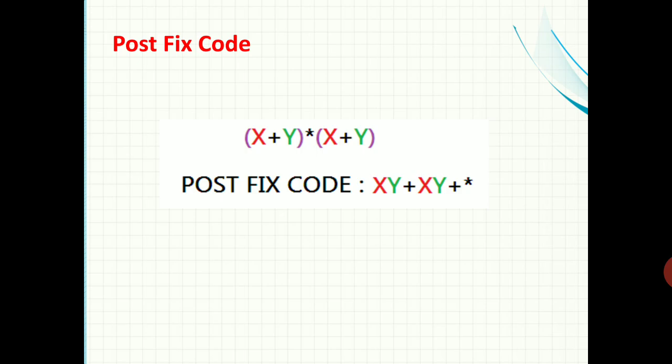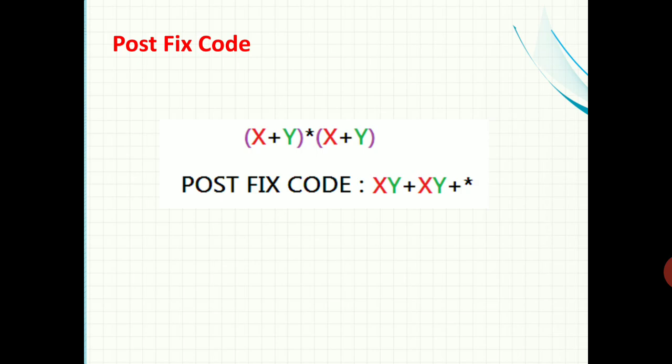So we will perform the parentheses first. We will evaluate the expression inside the parentheses first, so we evaluate x plus y first. The corresponding PostFix code for x plus y is x y plus. Then another parenthesis is there, so we will evaluate the same also.